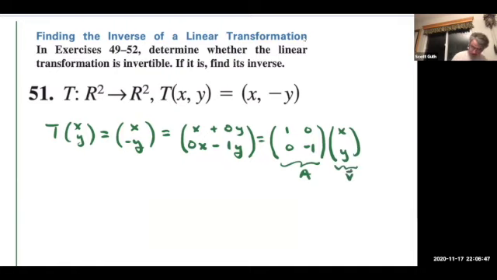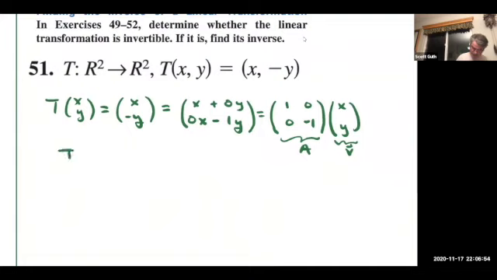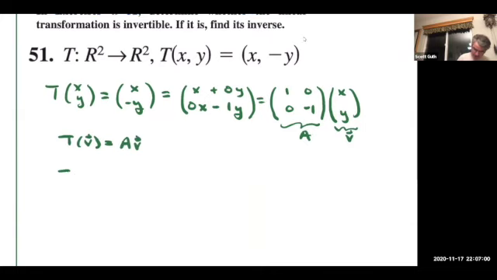Okay, and so we just have to find the inverse transformation. So T of V is AV. And then T inverse of V we talked about is just the inverse matrix A inverse times V. So A inverse should be pretty easy.